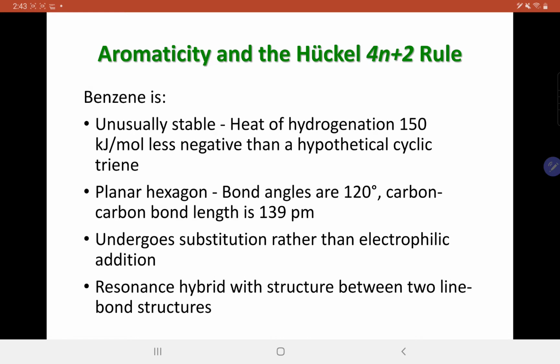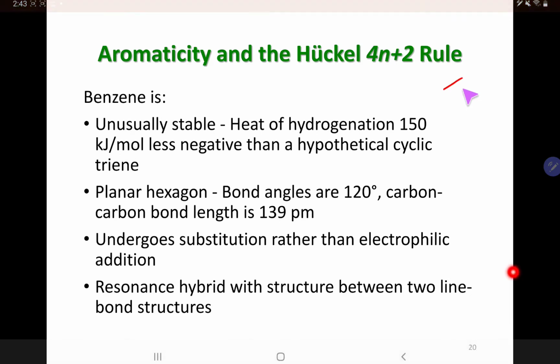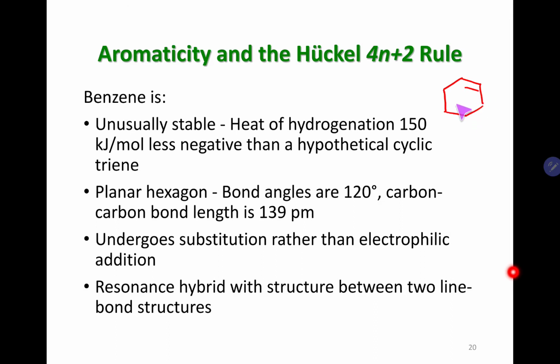In my previous video I discussed the structure and stability of benzene. We learned that benzene is a monocyclic ring with 6 carbons and three pi bonds, or in other words 6 pi electrons.